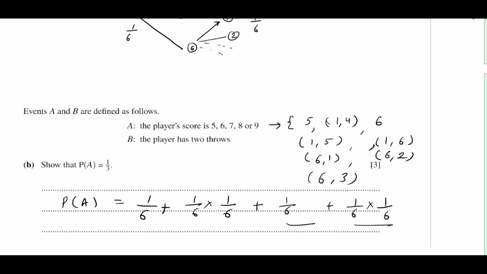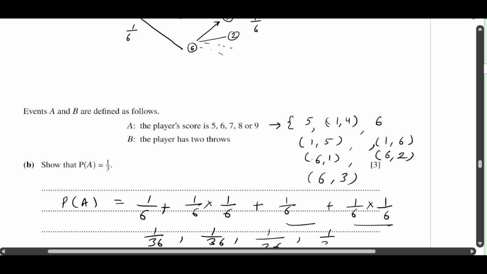And for 7, it is 1 comma 6, which is 1 by 6, 1 by 6. I simply say 1 by 36. Then 1 6 is giving me 7, and 6 1 is also giving me 7. So this is 1 upon 36, and then 1 upon 36, and then 1 upon 36.